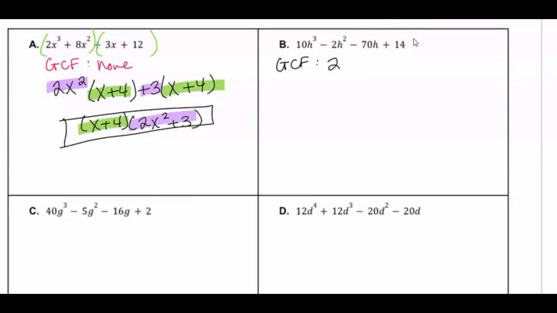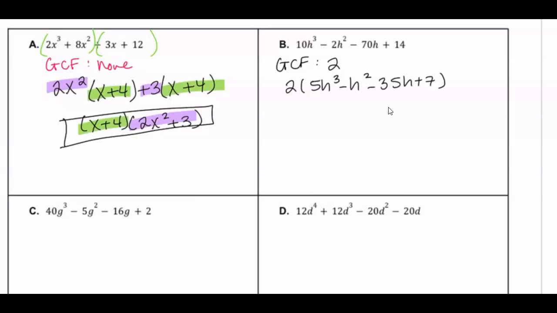So before I start my problem, I need to pull out that 2, which will make this a 5h cubed minus h squared minus 35h plus 7, because 2 times 5 is 10, 2 times negative h squared is negative 2h squared, 2 times negative 35h is negative 70h, and 2 times 7 is 14.